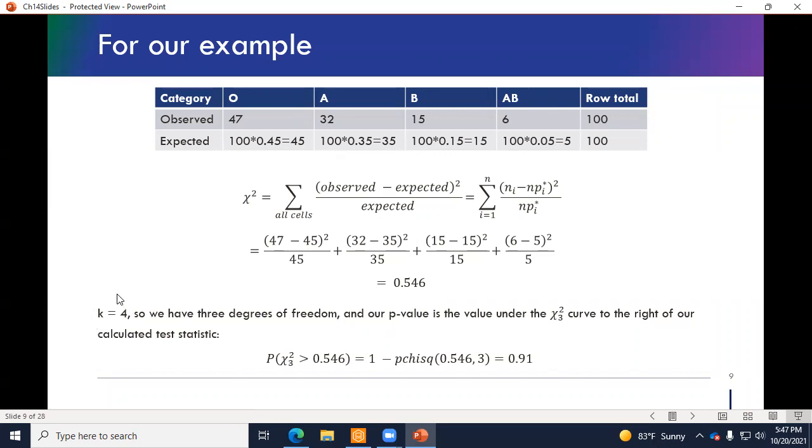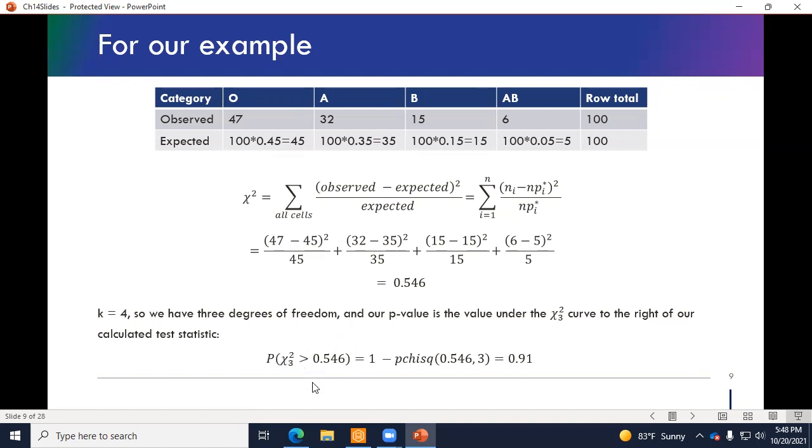We know k equals 4, and the degree of freedom is k minus 1, which is 3. So this comes from a chi-square distribution with 3 degrees of freedom. And this is how we get the p-value.